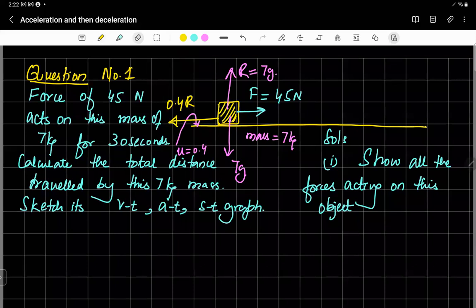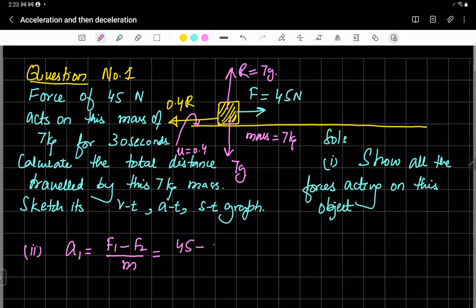Now, what is the acceleration of this object towards the right? This is our part number 2. Its acceleration, we will call it A1, is equal to the force in the forward direction minus the force in the backward direction, F1 minus F2, over mass.